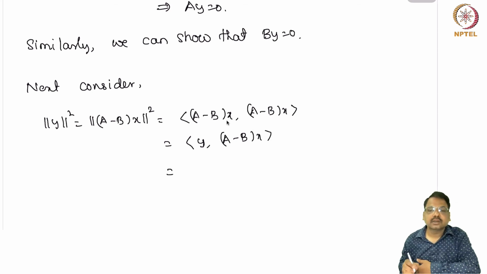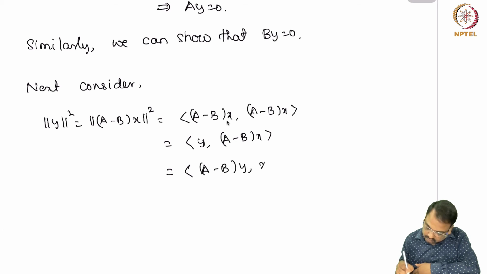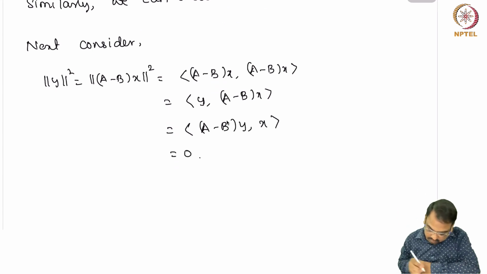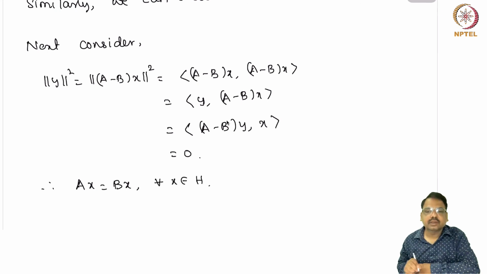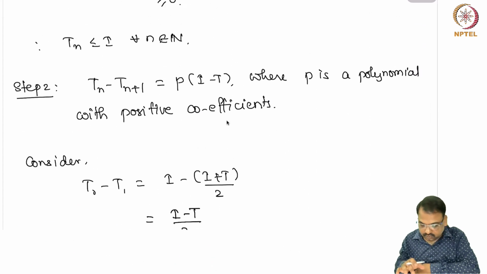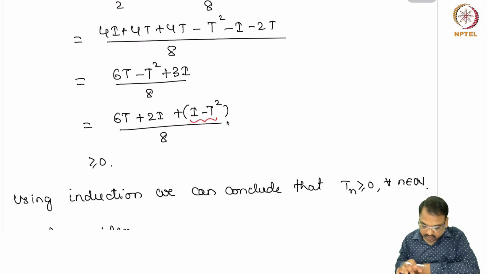So this can be written as ((A minus B)y, x), because A minus B is self adjoint, we can bring it to the left hand side, again we get (A minus B)y. We know that Ay is 0 and By is 0, so this is 0. So therefore we can conclude that Ax equal to Bx for every x in H. So this completes the proof that A equal to B. Okay. So this is the proof of the existence of unique square root of a positive operator.